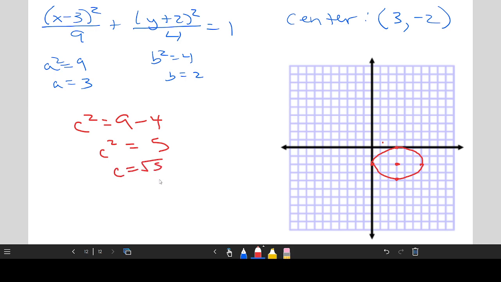So c is the square root of 5, which is about 2.2. So we're going 2.2 units from the center in the long direction. So one focus right about there and one right about there. So 3 plus the square root of 5, comma negative 2, and 3 minus the square root of 5, comma negative 2.